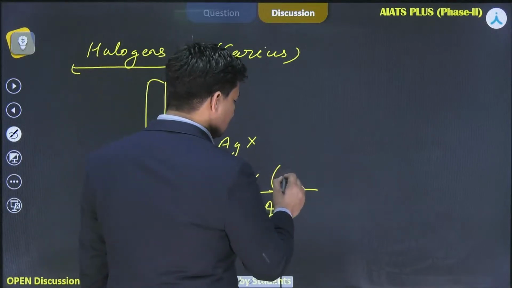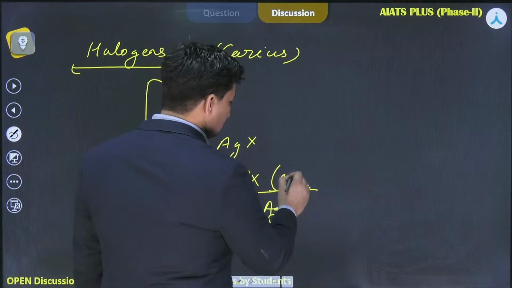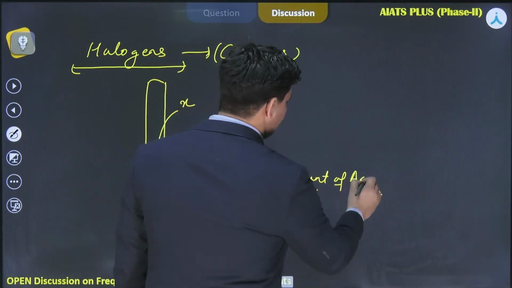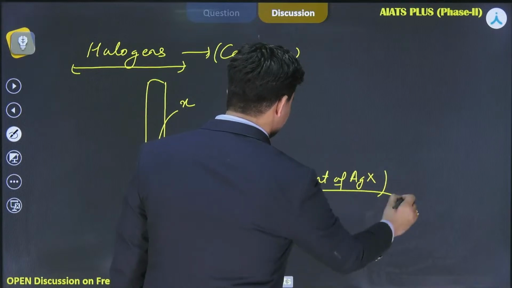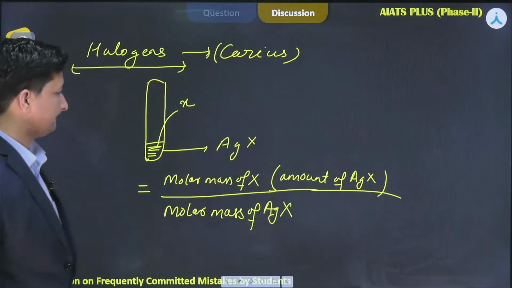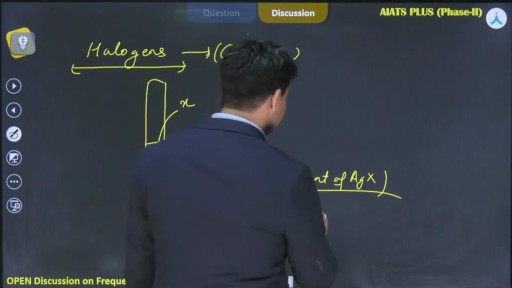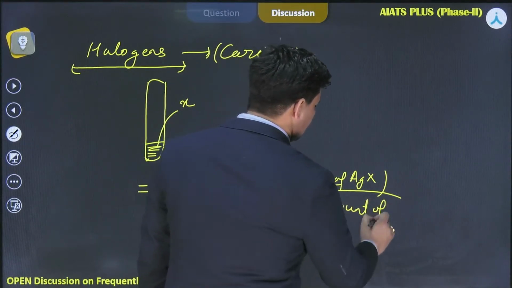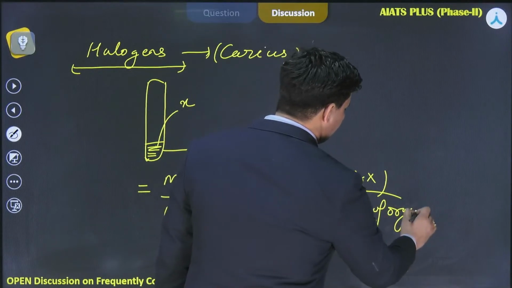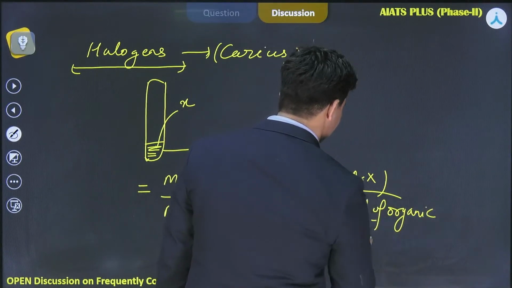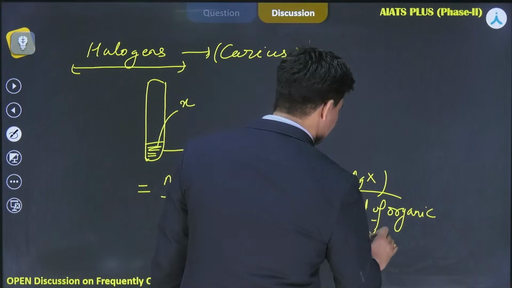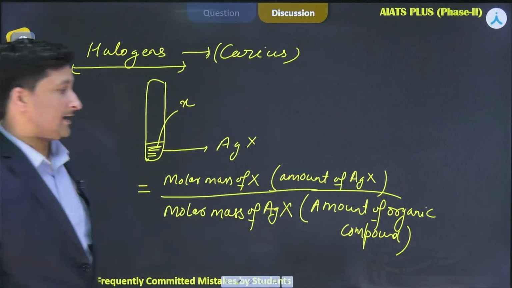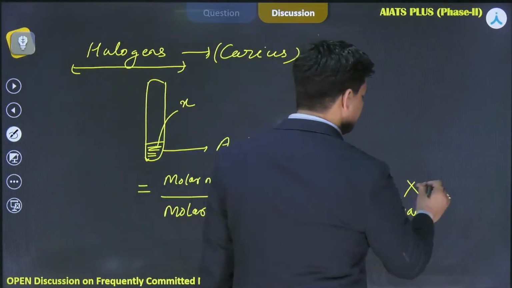So amount of AgX obtained, multiplied by amount of organic compound which we have taken, and then multiply it by 100.